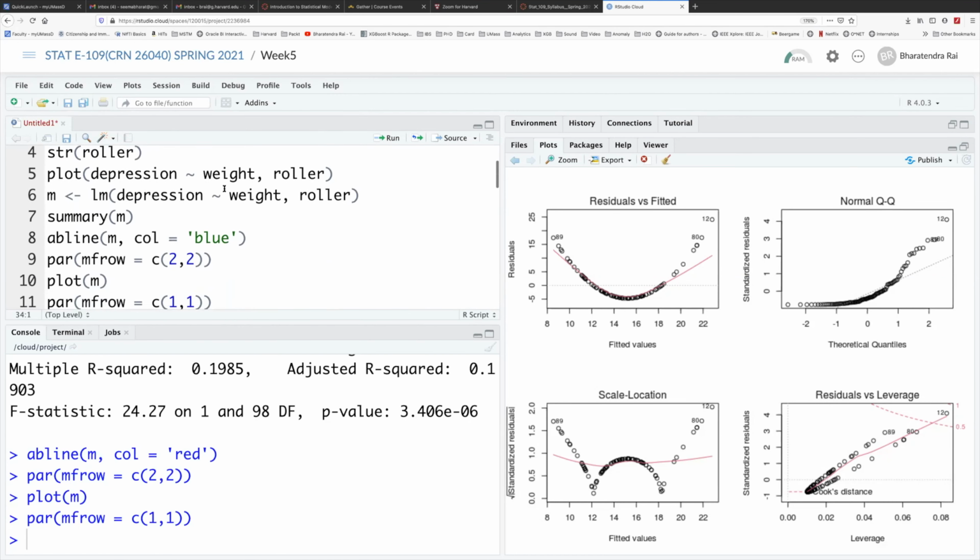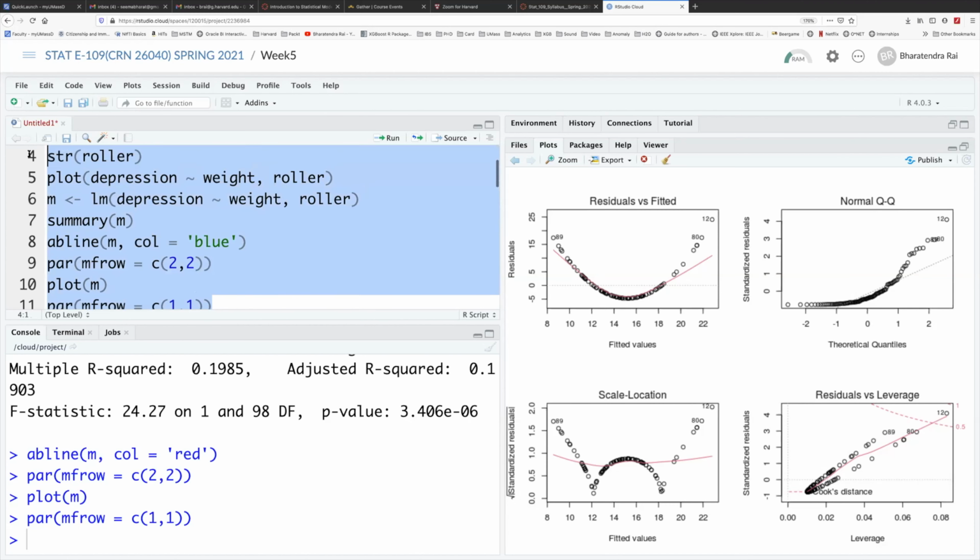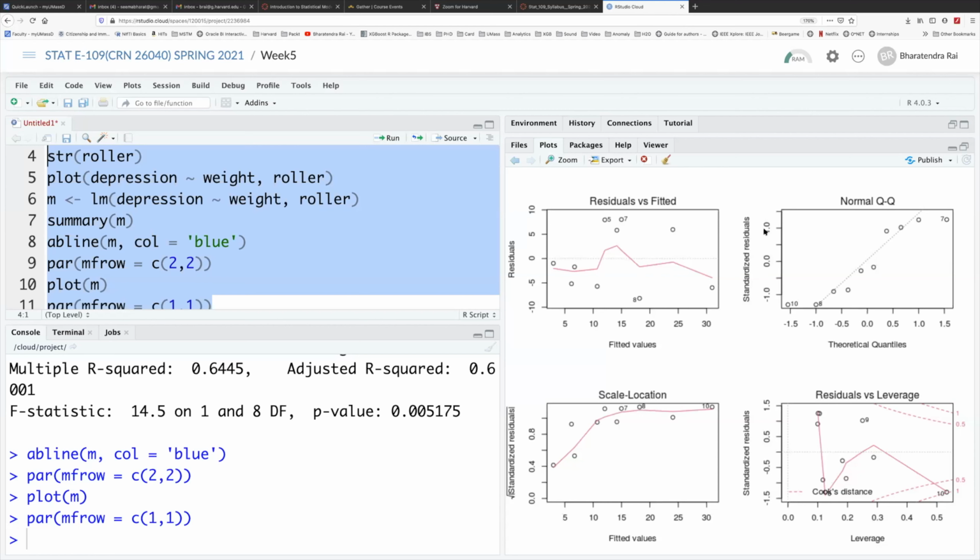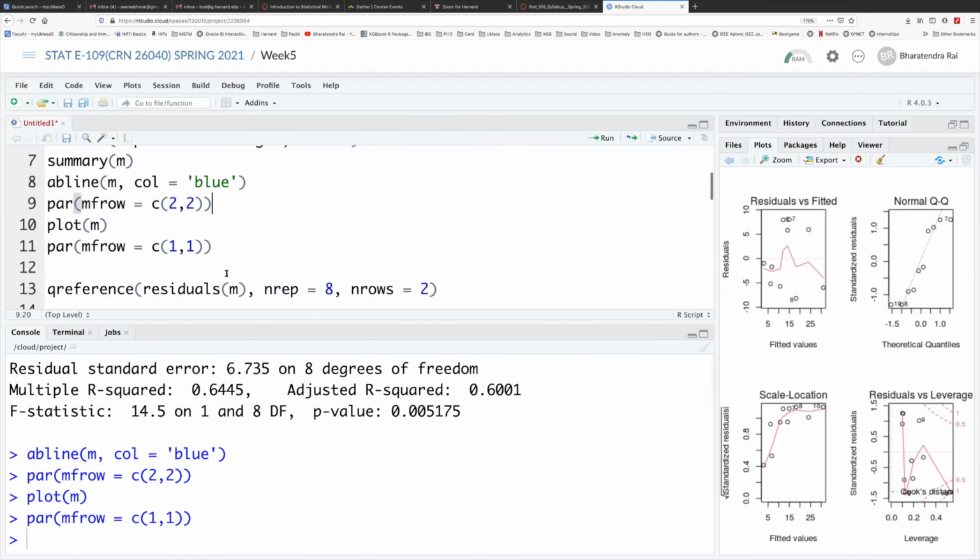Okay, so coming back to our roller example, we had these 4 plots, and these dotted lines, you can see there's one data point on the boundary line. That's going to happen with small data sets, but there's not much to really worry about.